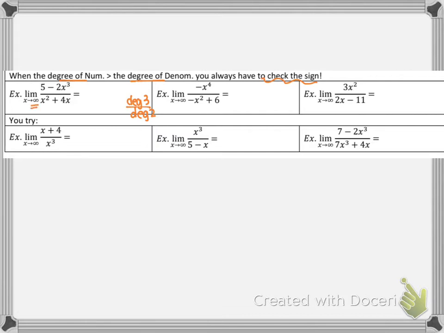Let's imagine plugging, since we're going to infinity, a big number in the top here for x, like a trillion. If I cube a trillion times 2, does the 5 even matter? No, the 5 is going to be insignificant compared to how big that other number is. But the sign of that number is going to be negative because I'm cubing a big number and then multiplying times a negative.